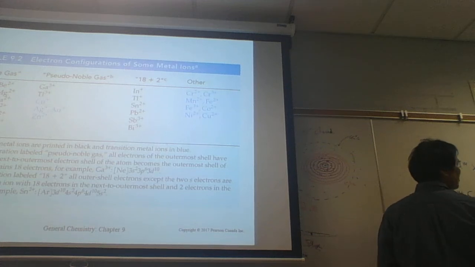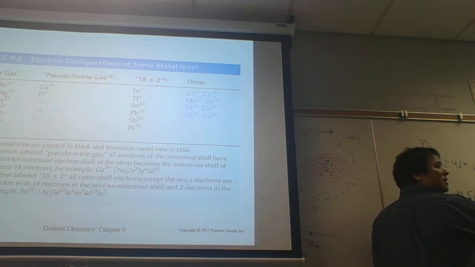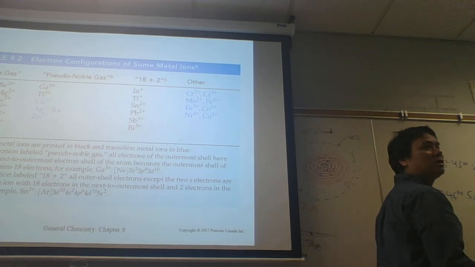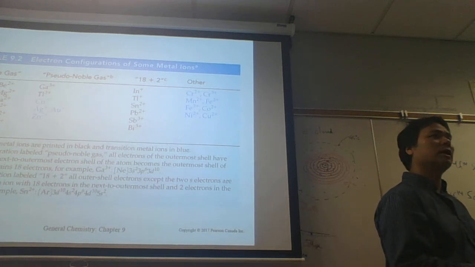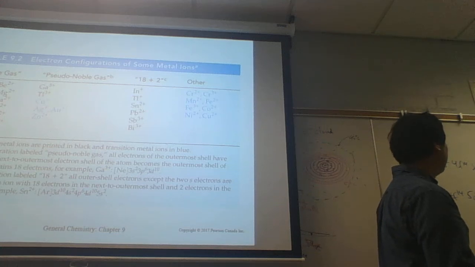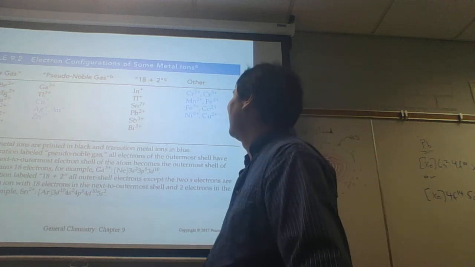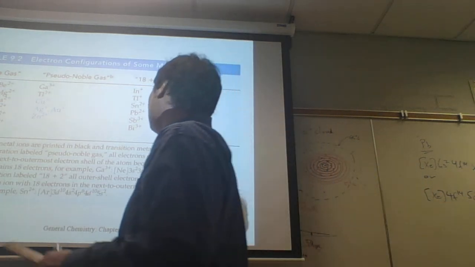If I lose the p electrons, I get lead plus 2. If I lose the p electrons and the s electrons, I get lead plus 4. What are the common charges for lead? Plus 2 and plus 4. And so this would be the 18 plus 2 rule.